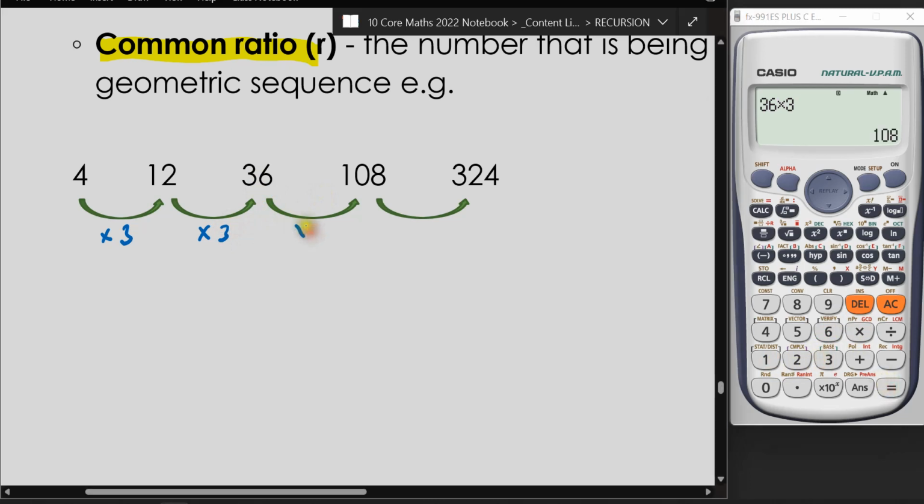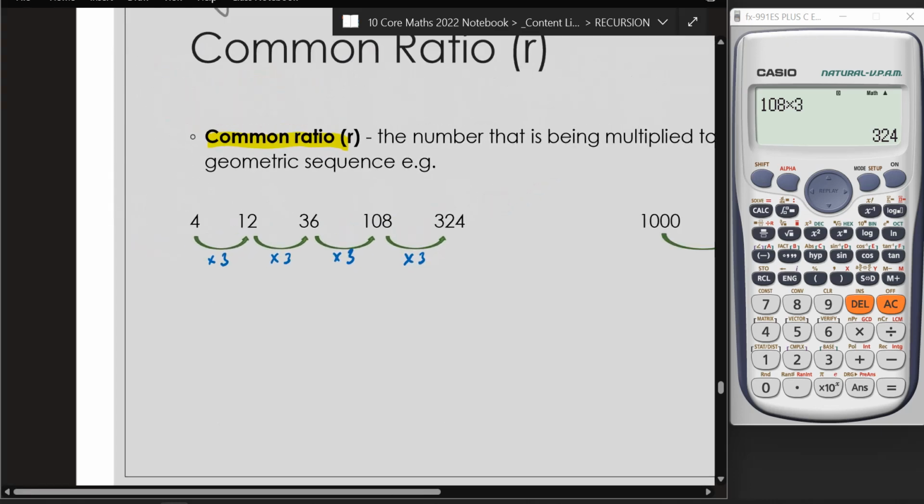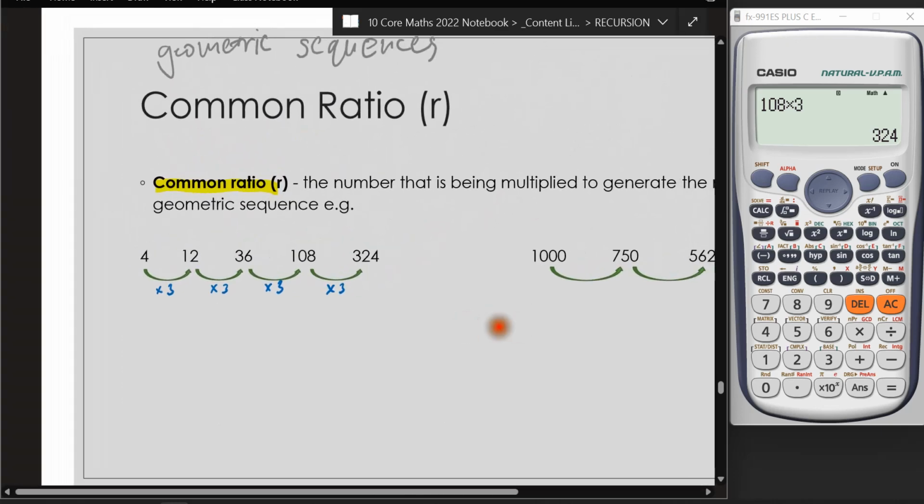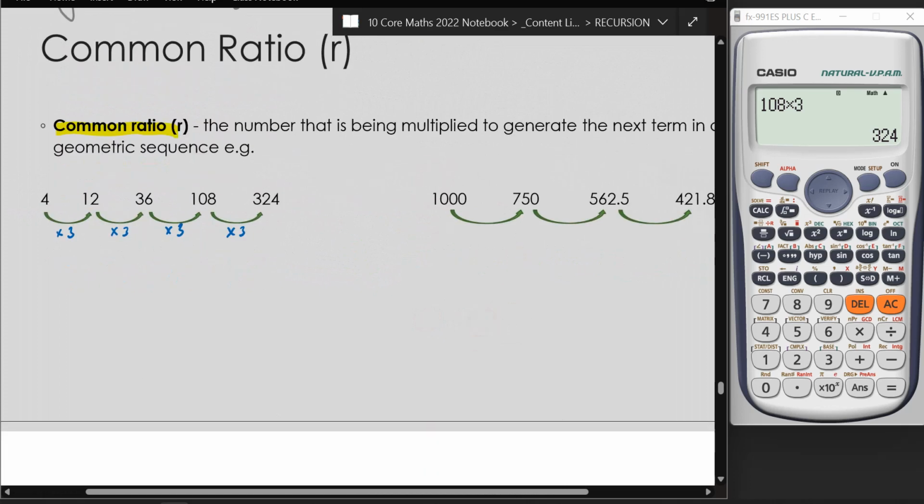Yep. And then 108 times 3 should equal 324. Cool. So that means the common ratio in this sequence is 3.